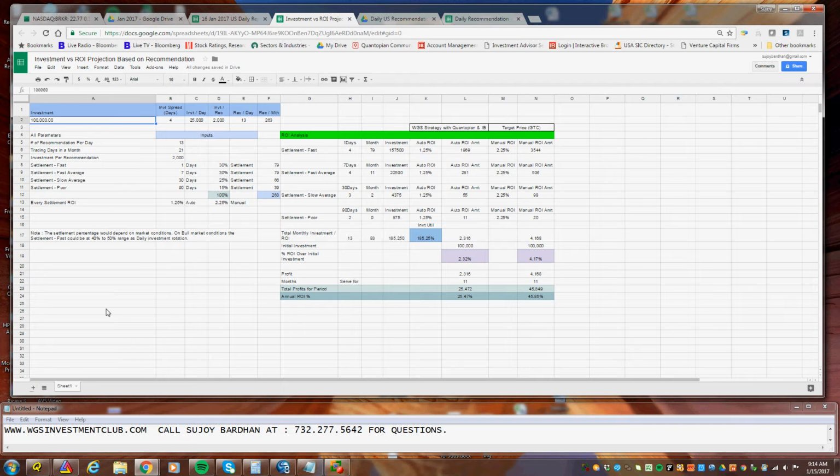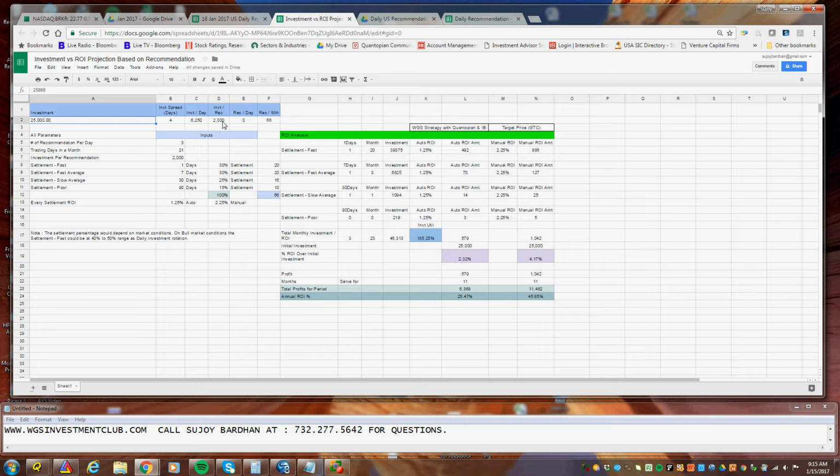Here I will try and demonstrate different scenarios later, but one can take a look at this. If you are looking into an investment of 25,000 and you are spreading it over 4 days, you are investing around 6,200 per day.